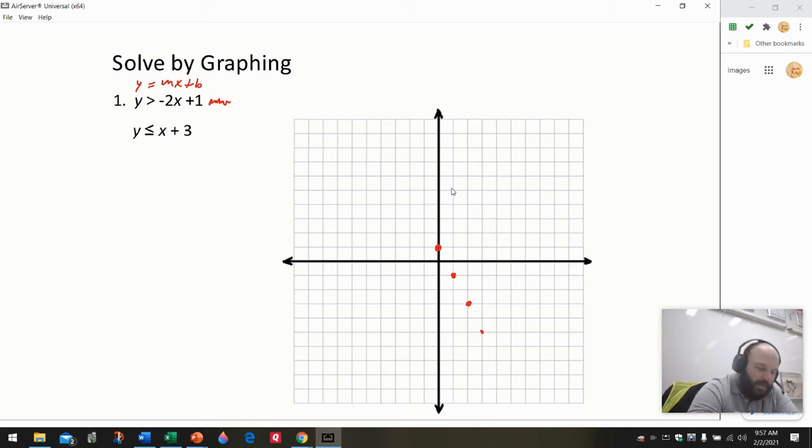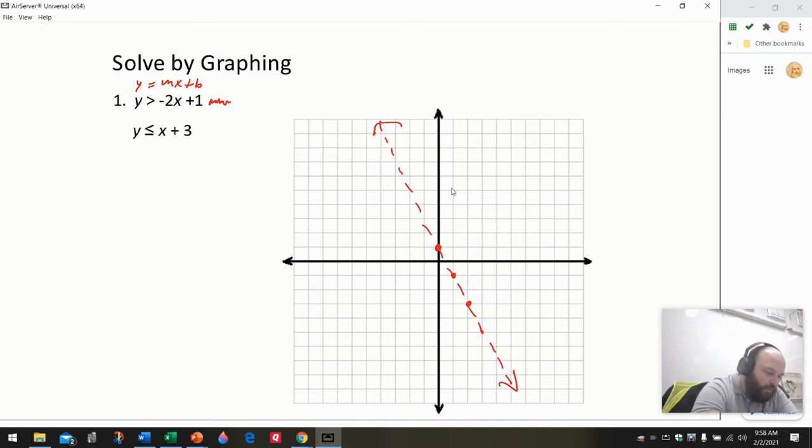You do need to keep in mind that this is a strict greater than. So when I go to graph this, it would just be a dashed line. So it would be a dashed line through all those points like this. Put arrows on the end of our line. Now, the last thing that we need to remember, and this is probably the most common thing that students forget, is that you need to shade.